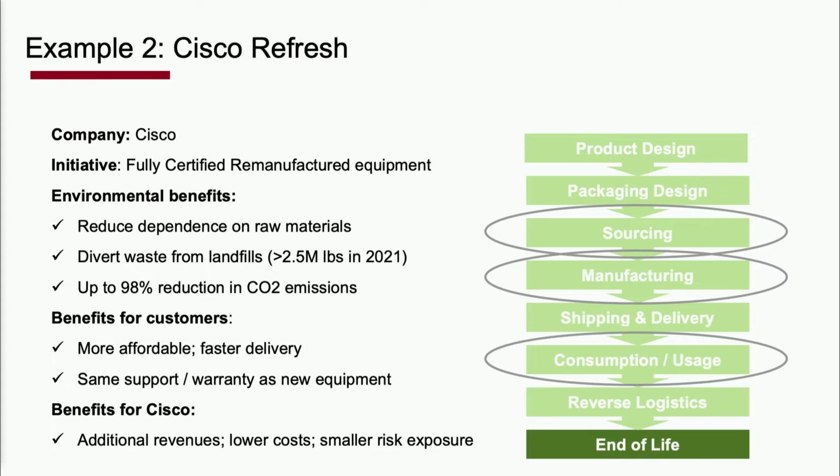In fact, Cisco estimates that last year, through this program, they were able to divert more than 2.5 million pounds of materials from reaching landfills. And finally, some studies suggest that by remanufacturing an existing product, companies can achieve up to a 98% reduction in the amount of CO2 emissions compared to making a new piece of the same product.